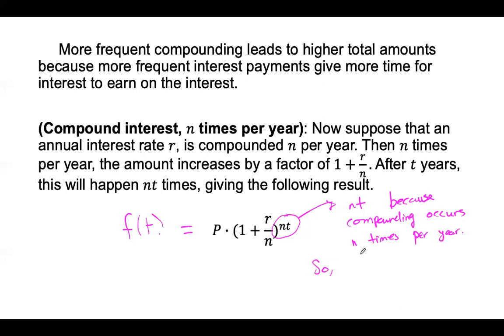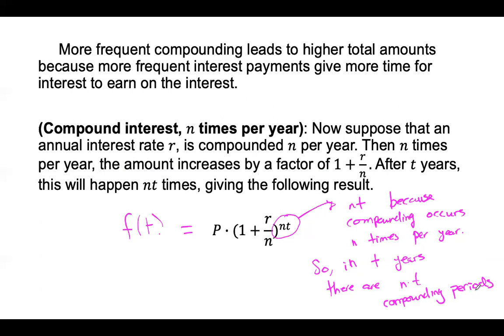So basically in t years, there are n times t compounding periods. So this is how many times this amount keeps getting compounded, n times t.